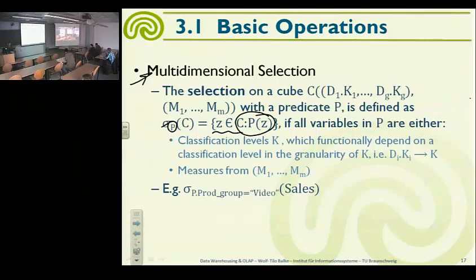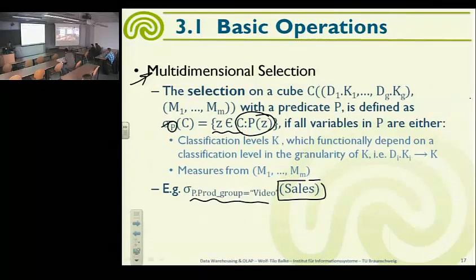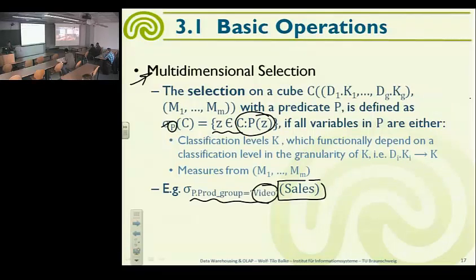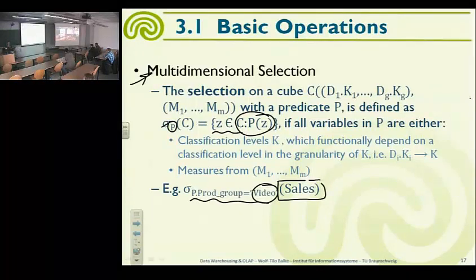So if you have the cube sales, you say you want all the measures that you have for this cube that satisfy the condition that the products are videos. So in the product group, they are videos. They're not audio or something else. You only want the sales in your company for the video products.